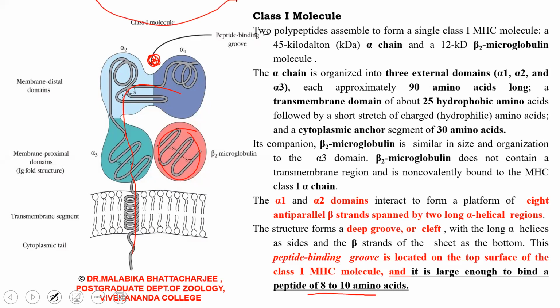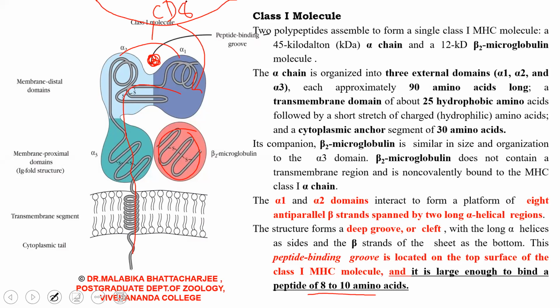If we see an incoming T cell, the TCR or the T cell receptor binds with this MHC class 1 molecule and recognizes the peptide. And the CD8 molecule recognizes that this is the MHC class 1 molecule. So CD8 cells interact with the MHC class 1 molecule. So all the lymphocytes bearing the CD8 receptor can interact with the MHC class 1 molecule.